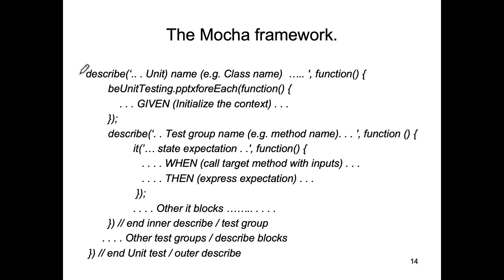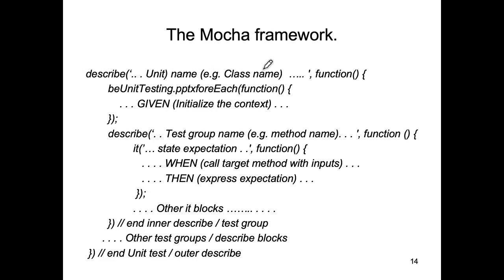So here's my outer describe block. It takes a string as an argument, and inside the string, you essentially put some sort of label on the target that this script is testing. That might be just the name of the class, but it is a string, so it's quite flexible.